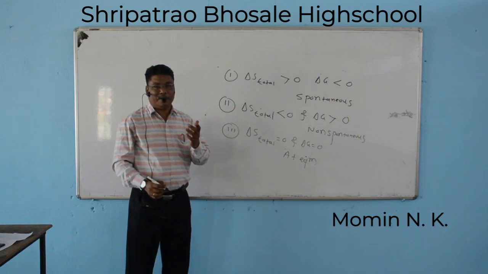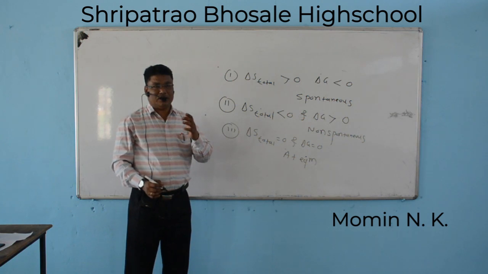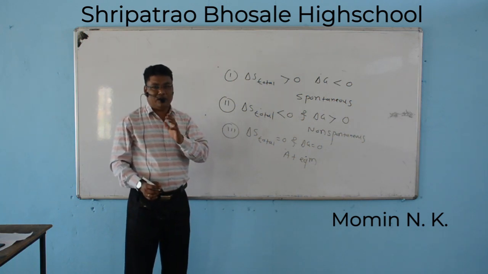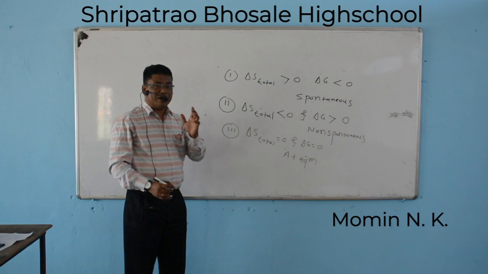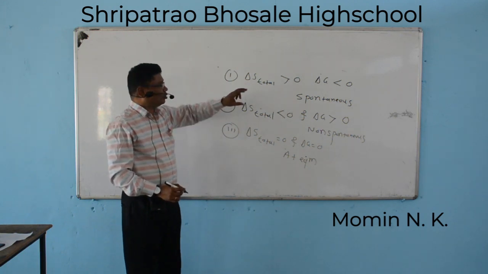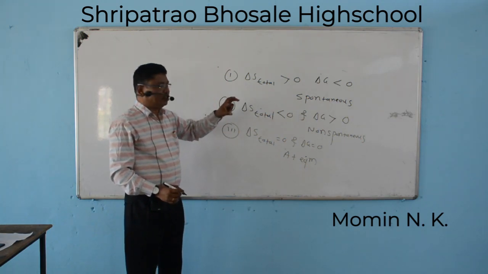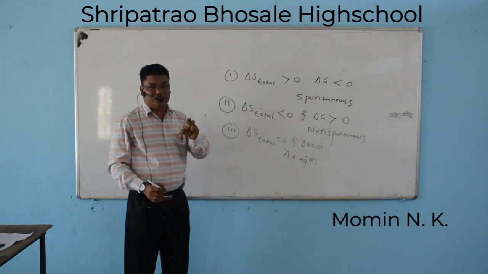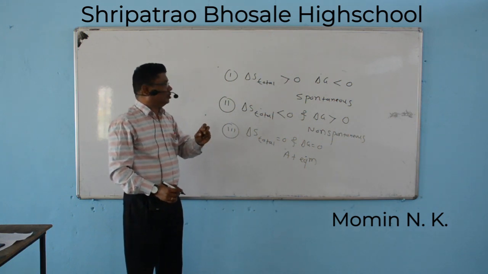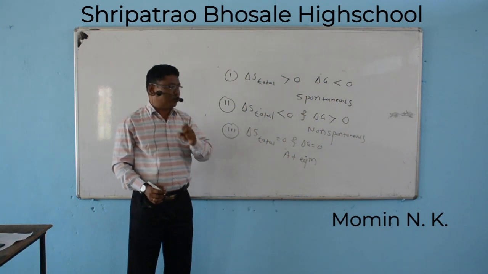And you know that the entropy change for a process is whether it is positive or negative. We cannot decide the spontaneity from the change in entropy. That's why from the Gibbs energy change discovered by scientist Gibbs, that is called Gibbs energy. From that Gibbs energy we can decide the spontaneity of the process.